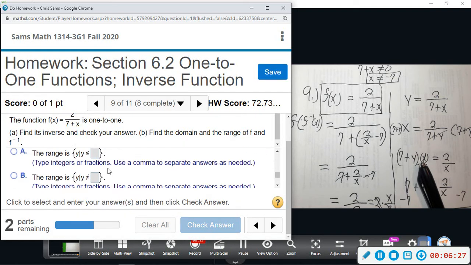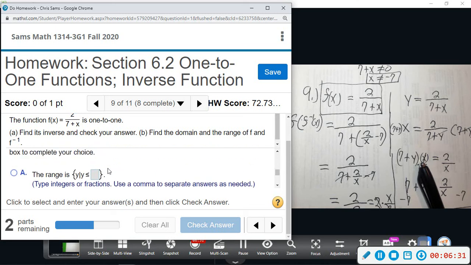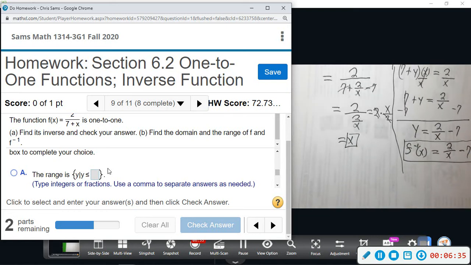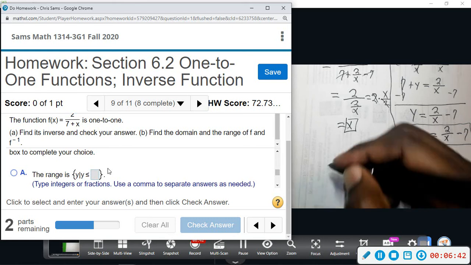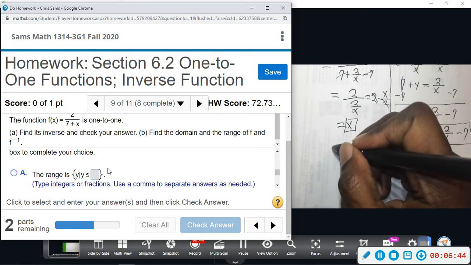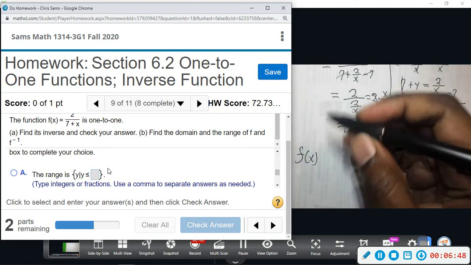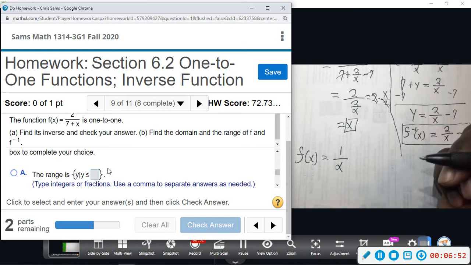The range. This function comes from the parent function of the reciprocal, which I think you guys have a worksheet of the parent functions, is 1 divided by x.